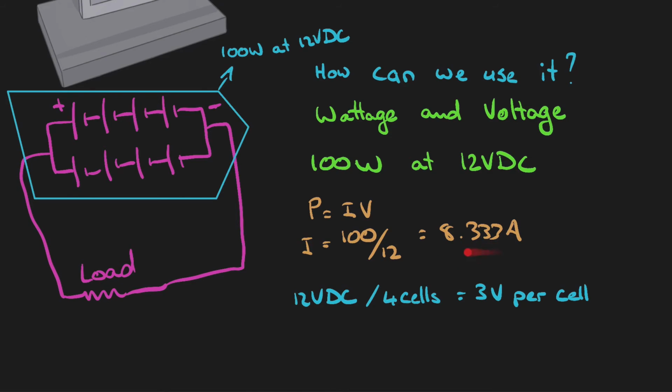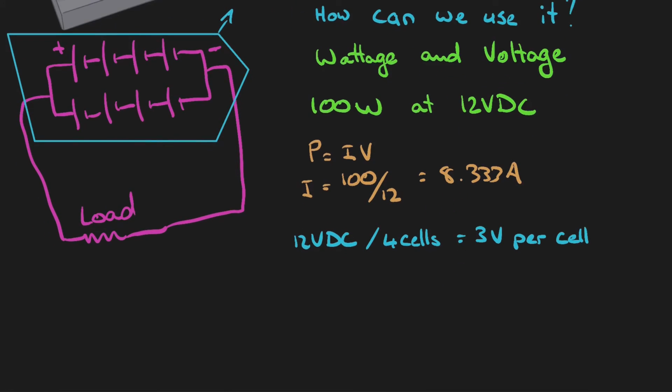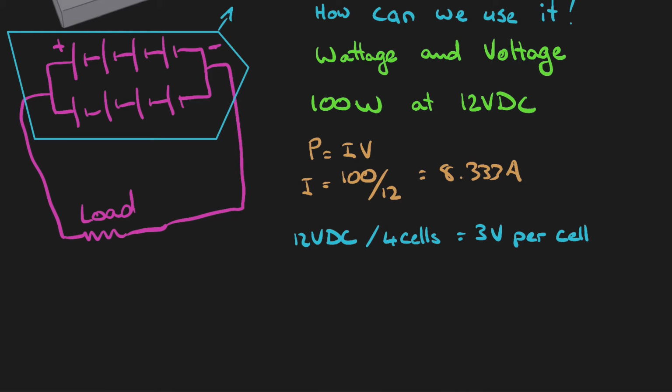So we know that the current is 8.33 amps. And current is shared between these 2 branches, right? So therefore, because these 2 branches are the same, they've got the same amount of cells in each, we could simply divide the overall current by 2 because we've got 2 branches, and then you'd have your current per branch. So 8.333 amps in total, divided by 2 branches, or 2 paths that the current can travel.